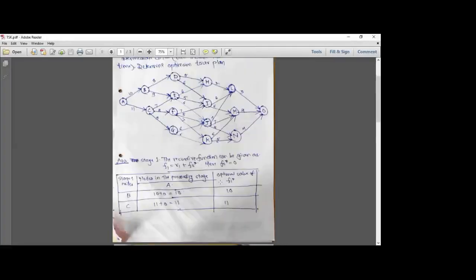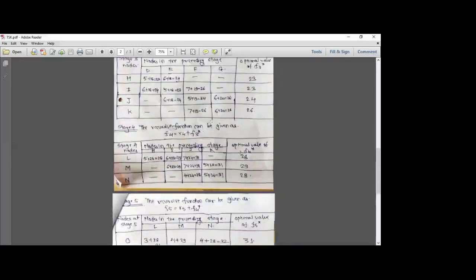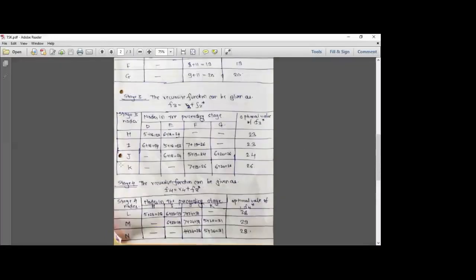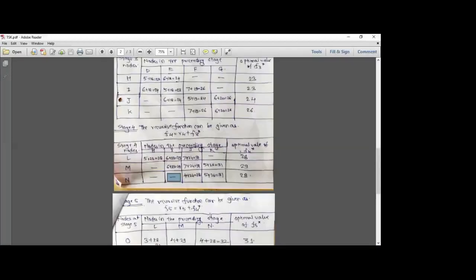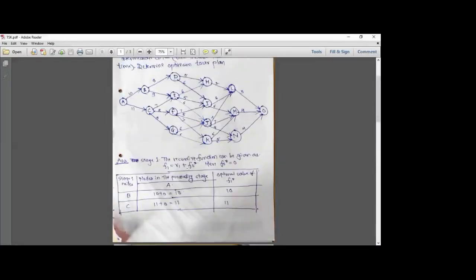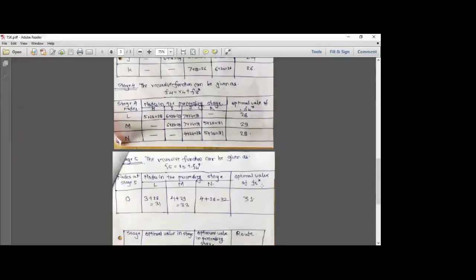Similarly, there is a root from I to L, I to M, but there is no root from I to N. So from I to L and I to M, the values are 6 and 6 respectively. So here you can see I to N is kept as vacant, while others have been allotted the value of 6 and 6. Nextly, from K to M, there is a root, and K to N, there is a root which has value 5, 5, but there is no root from K to L.